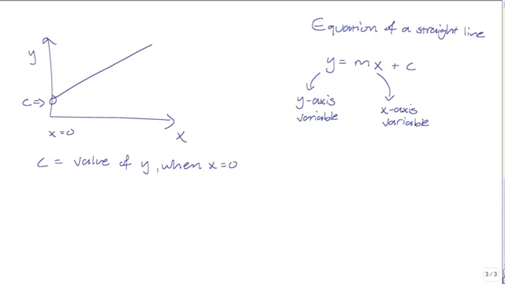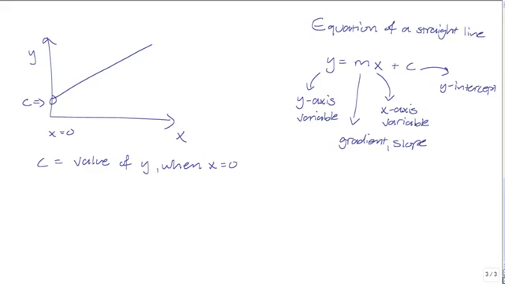We said that c is equal to the y-intercept, and this constant m is what we refer to as the gradient or slope of your graph. So the equation of a straight line says the value of y at any point is equal to the gradient times x plus whatever the value of the y-intercept of your graph is.